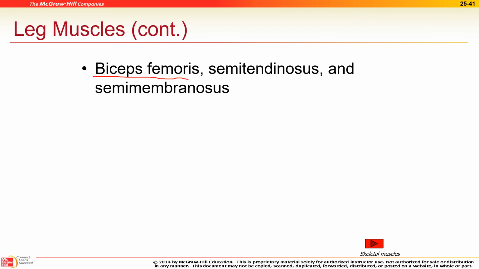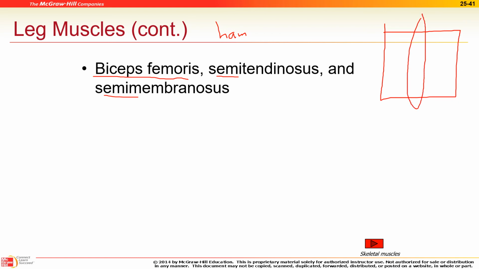Biceps femoris, semitendinosus, and semimembranosus. This is in the back of your leg. These are part of the hammies. And how do you know it's a hammy? Because it's like a pig in a blanket. So what's a membrane like? A nice flat sheet. And what does a tendon look like?